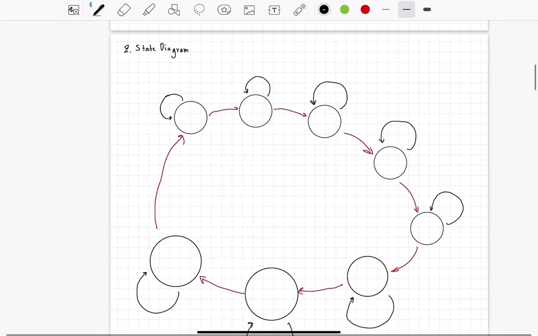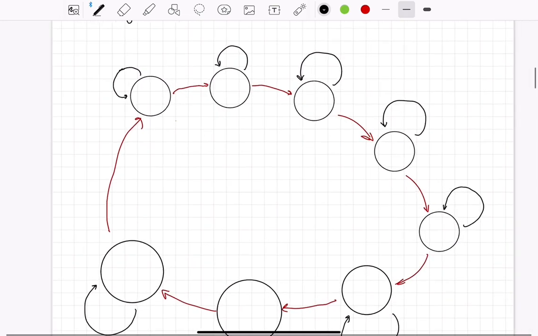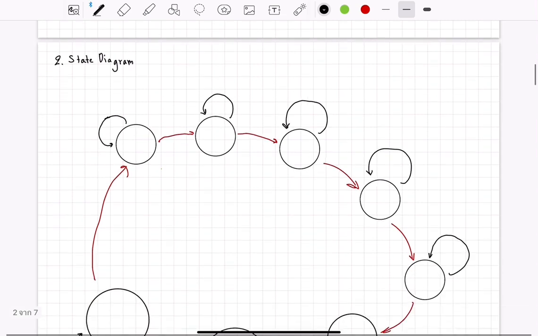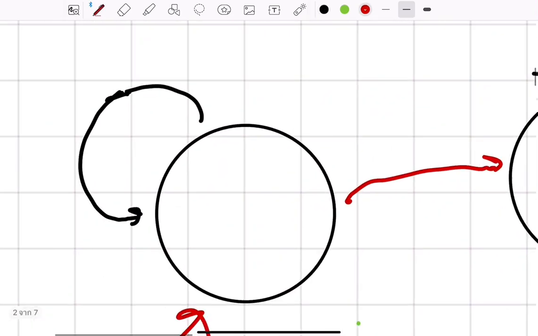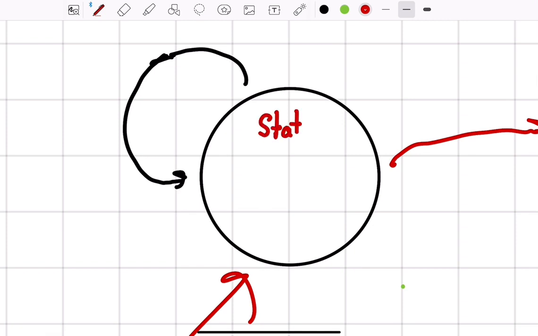I know the state diagram has 7 states, and this is state 0. I press switch 0.